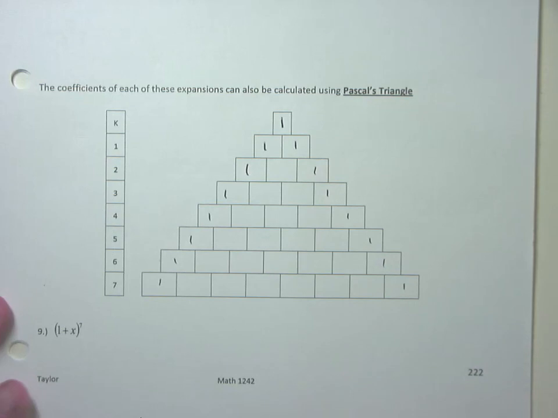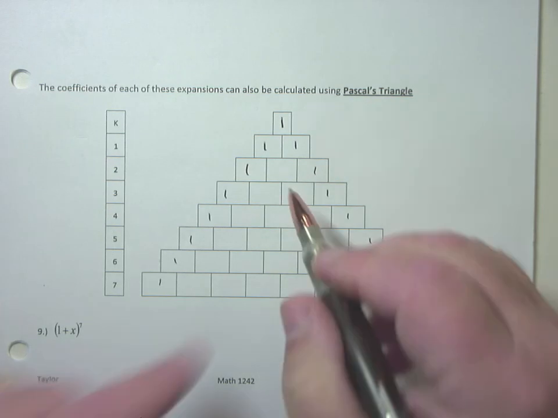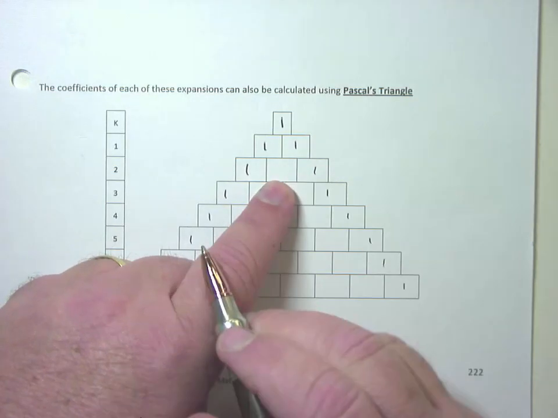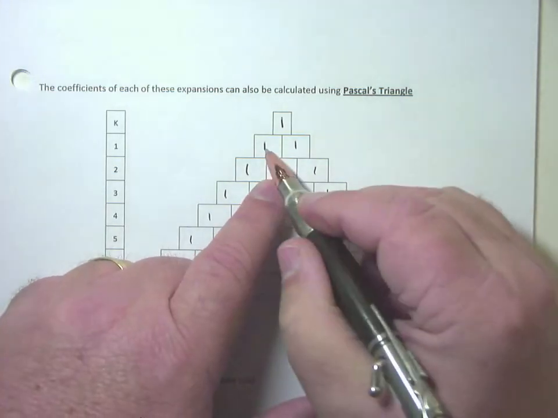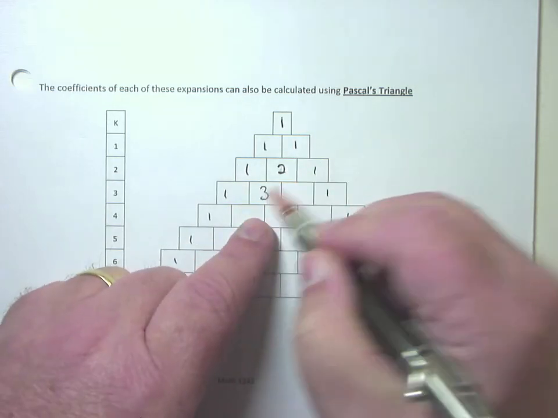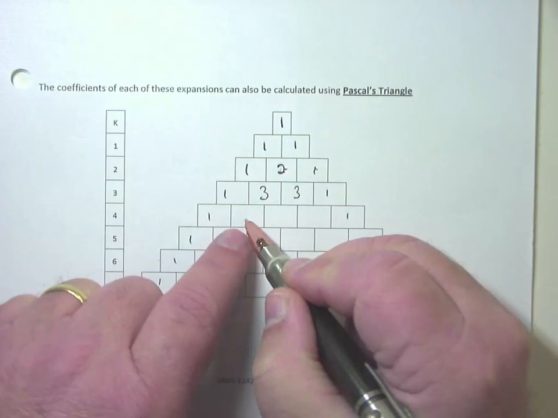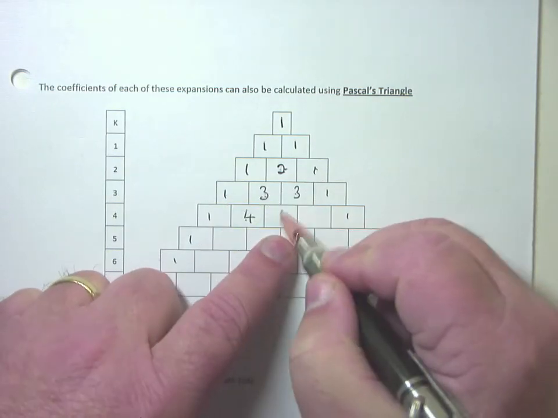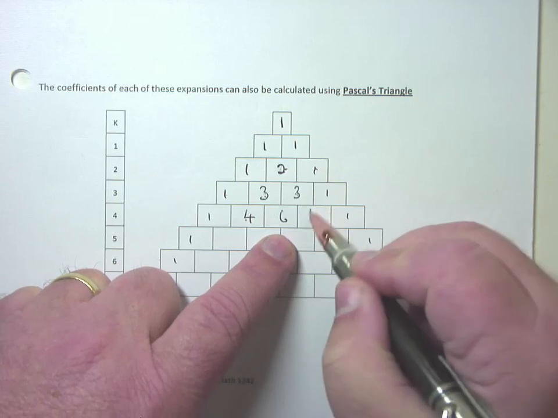And to get the coefficients to go into your expanded binomial, it's this. Any internal block, you add the 2 blocks above it that attach to it. So this block's connected to a 1 and 1, that's a 2. This one's connected to a 1 and 2, that's a 3, and a 2 and a 1, that makes that one a 3. This block's connected to 1 and 3, which is a 4. This block's connected to a 3 and a 3, which makes it 6. This one's a 3 and a 1, makes it 4.